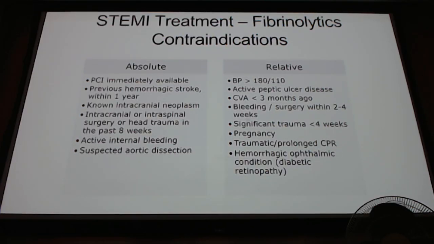Everything else on the right is relative. So we kind of weigh the risks and benefits with the patient, and we can also discuss how long it might be till we can get to the cath lab, and we may or may not give it in these cases.